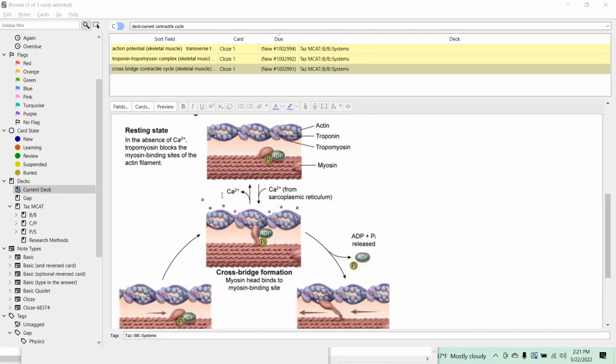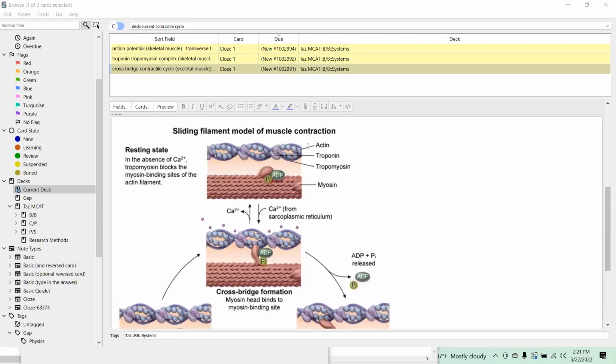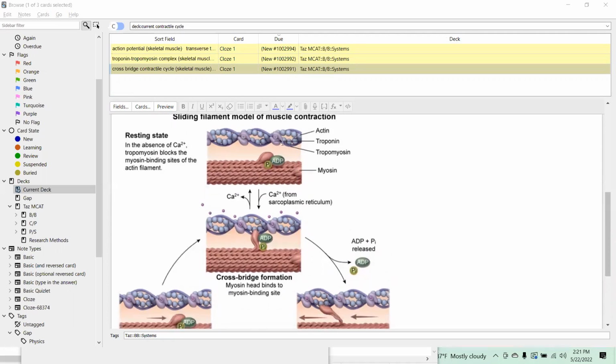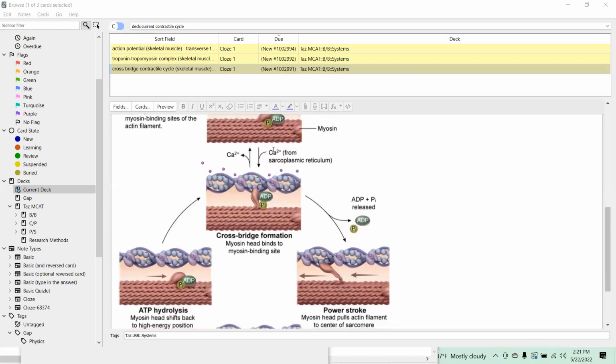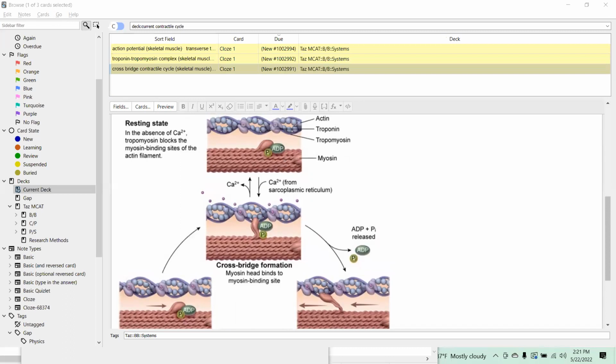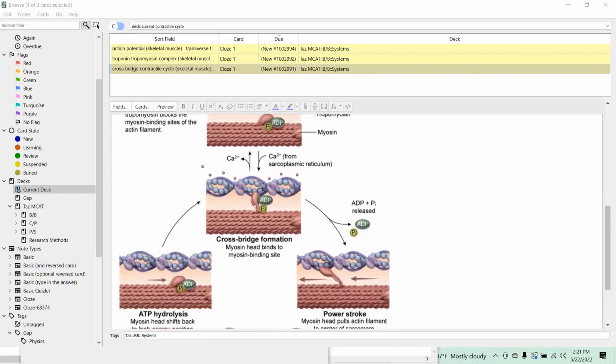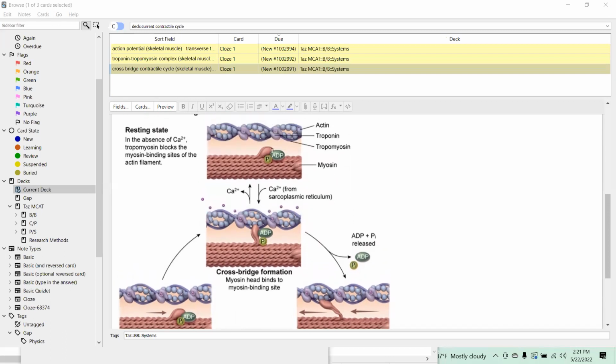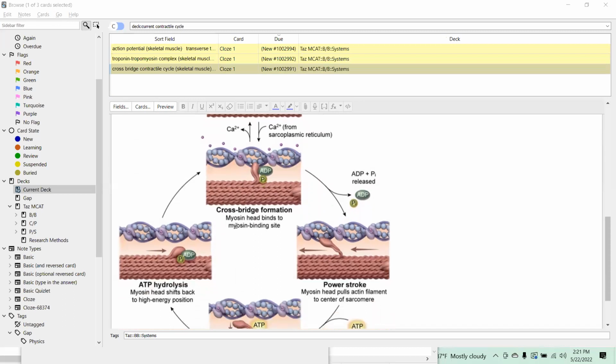When calcium comes in, it acts on, so this part is like an actin filament, and this is a myosin filament. When calcium comes in and opens up the actin filament, it allows the myosin to grab on to the myosin binding site.